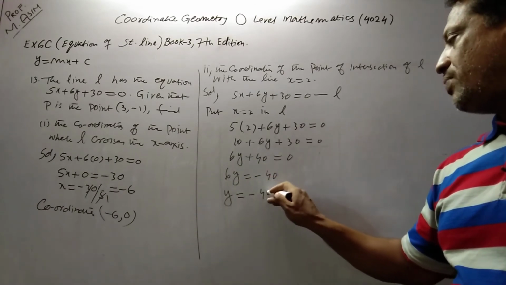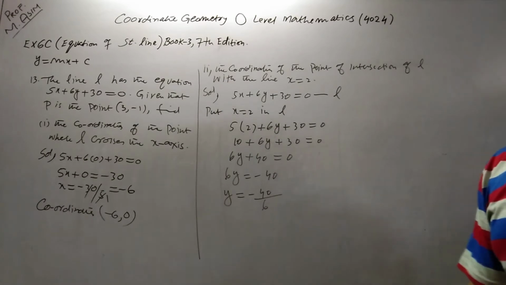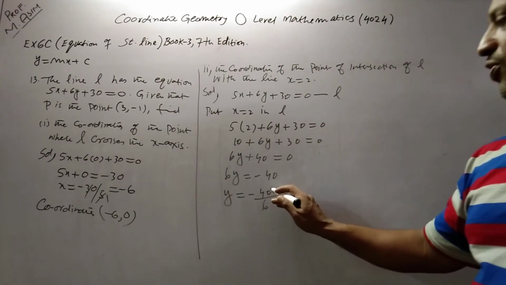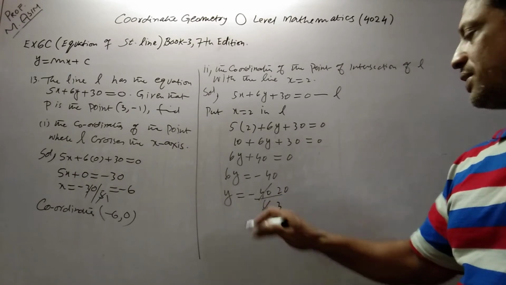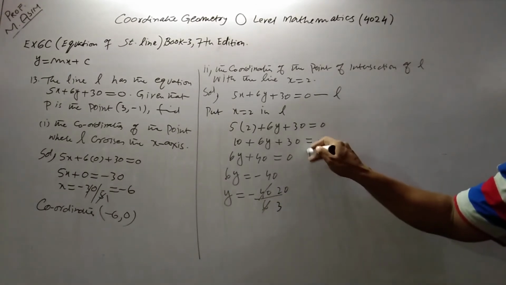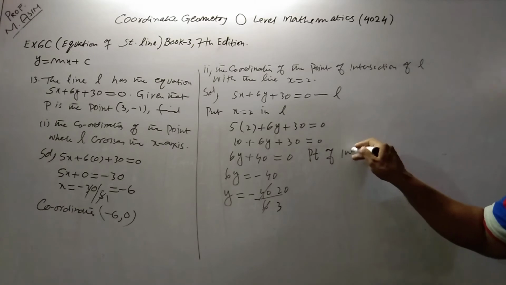Y is equal to minus 40 over 6. What is the answer of minus 40 over 6? 20. 2 20s are 40, 2 3s are 6.